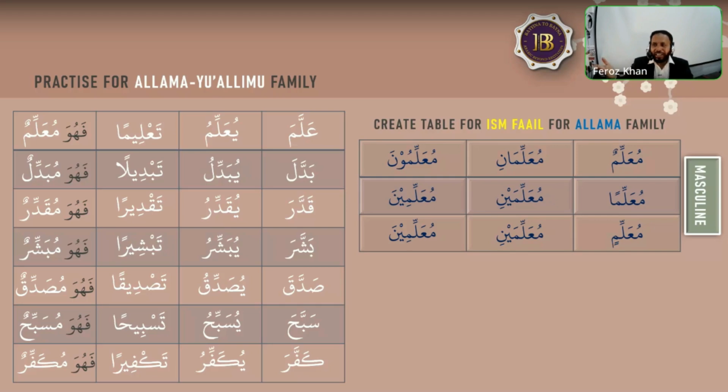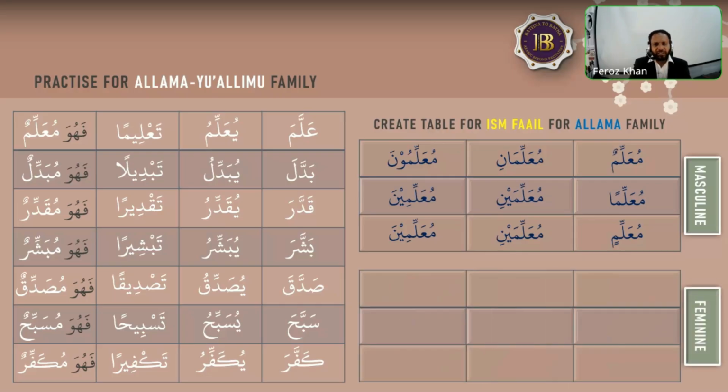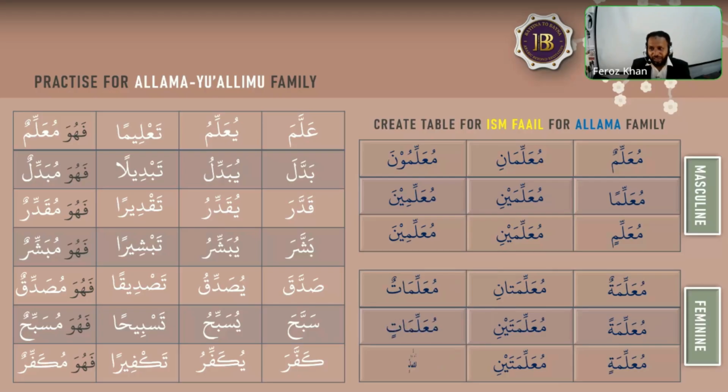So Muallimun is a male. What about the female teacher? How will you say? Just add a ta marbuta, just like Muslimun became Muslimatun. Muallimun will become Muallimatun, Muallimatan, Muallimatin, Muallimatani, Muallimataini, and then Muallimatun, Muallimat, teachers, Muallimatin.